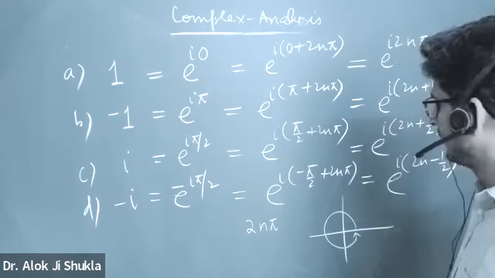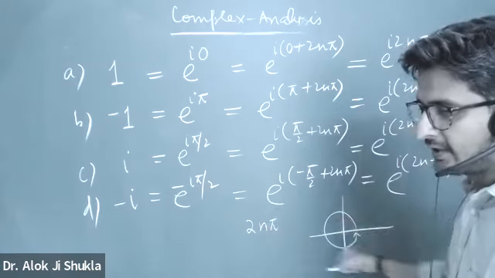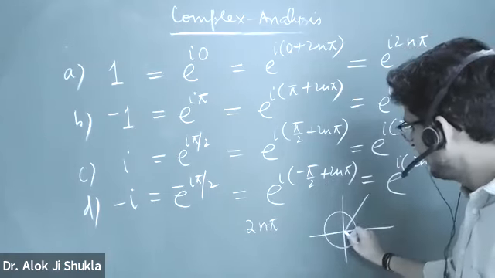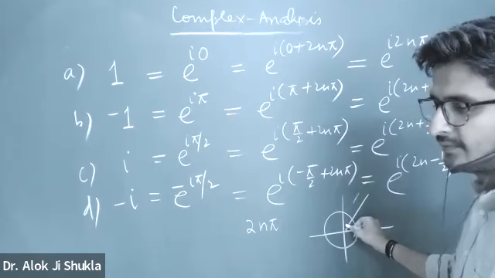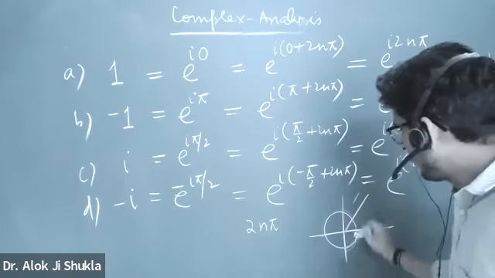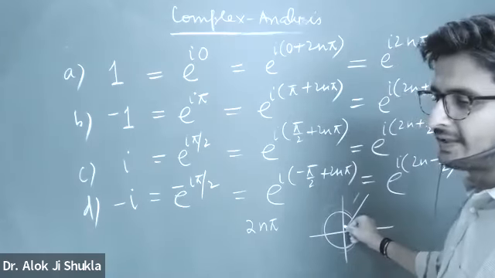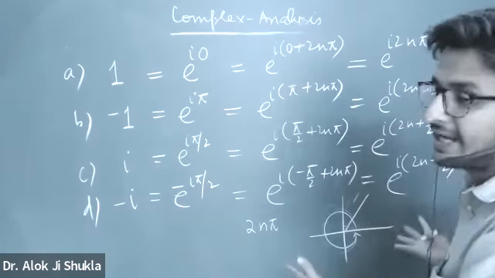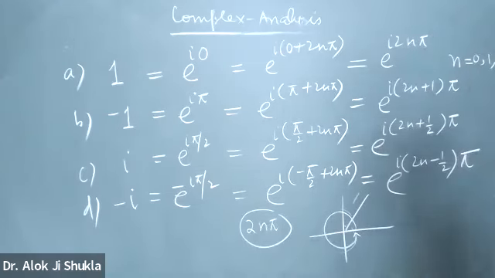Then you start taking n is equal to 1 means first rotation. From any angle, you can make these rotations to get the same angle. Like one rotation, then 2 rotations will also give the same angle. 3 rotations will also give the same angle. So I have to represent all the angles. So how to do that? By adding 2n pi.